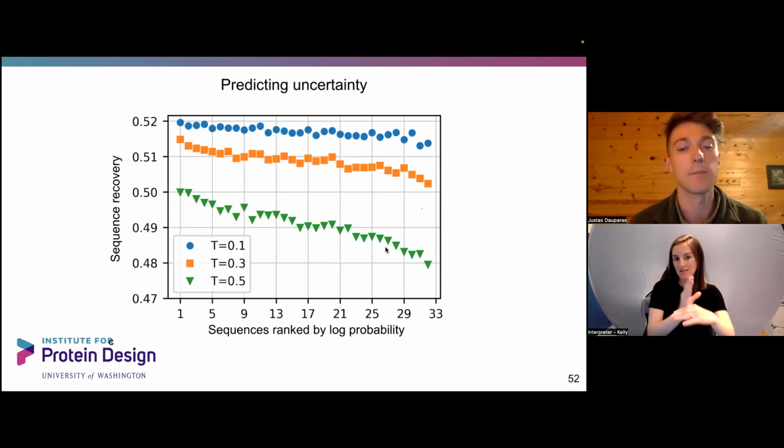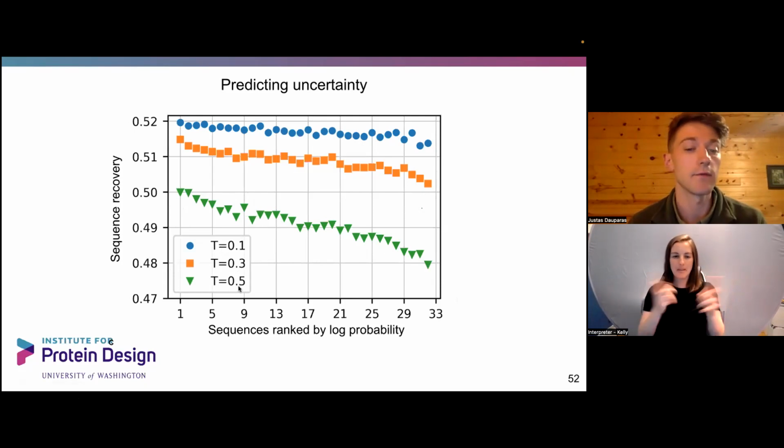So one could sample many sequences at 0.5 temperature, rank them by the score, and pick the ones that satisfy specific features that they want. In this case, they will get more diversity.